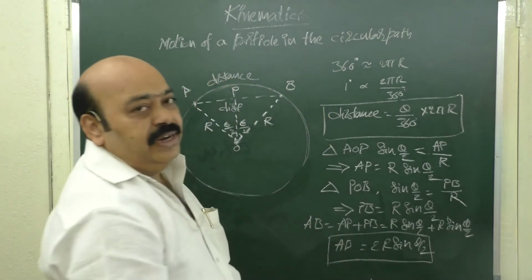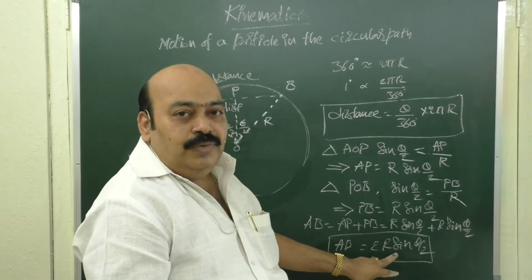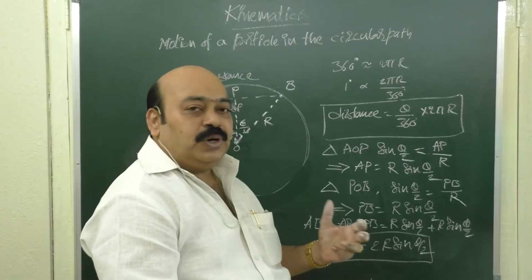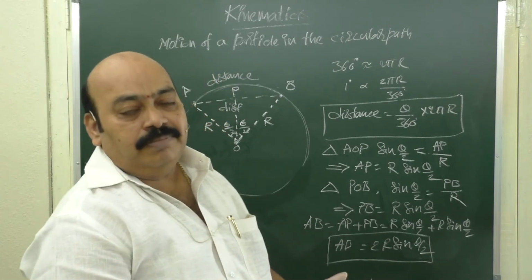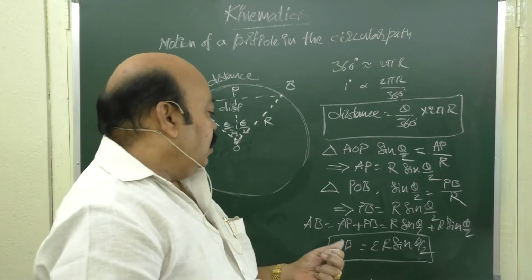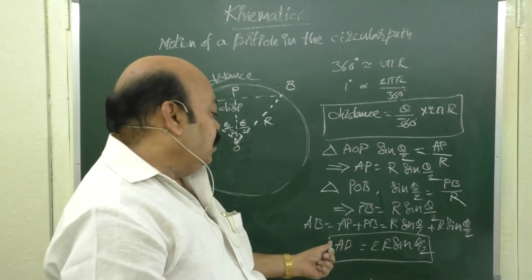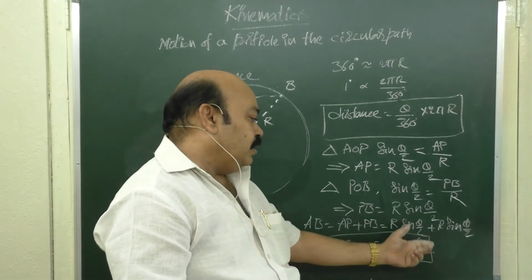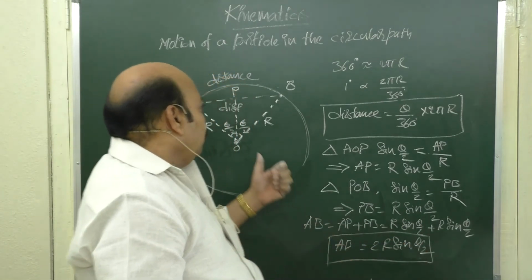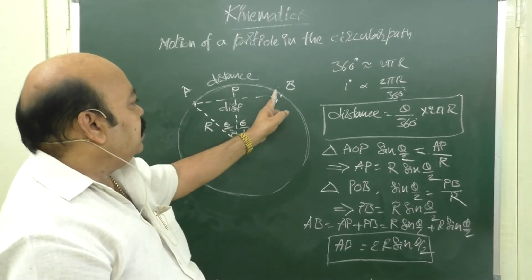This is a very useful shortcut formula, because in physics we need shortcuts to save our time; even 1 minute is not sufficient to solve each problem. So 2R sin theta by 2 is the formula used to find the displacement of a particle.